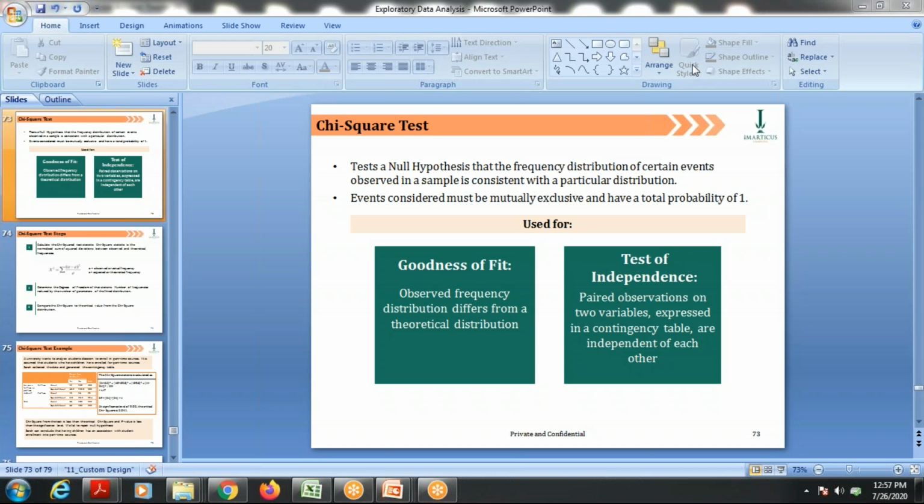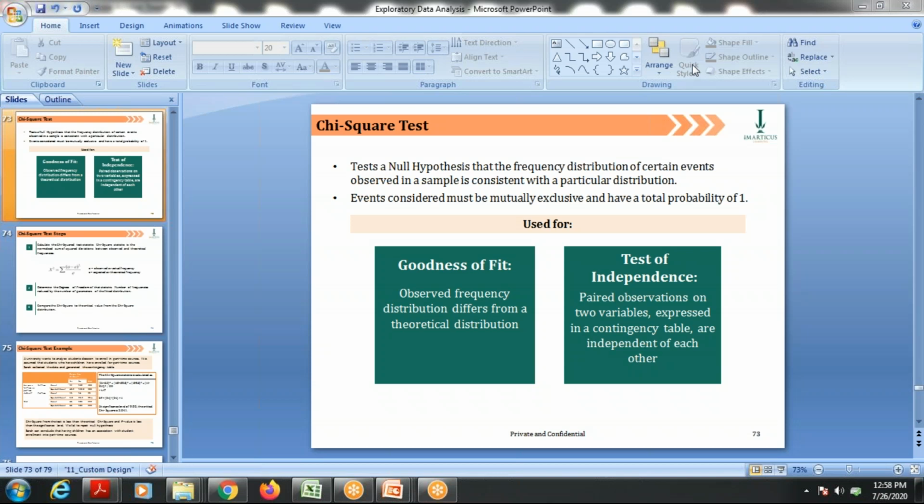It is saying to test the null hypothesis that the frequency distribution, be careful with the term, of certain events observed in the sample is consistent with a particular distribution. This is the completely theoretical or textual definition.